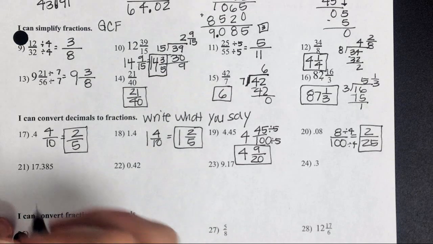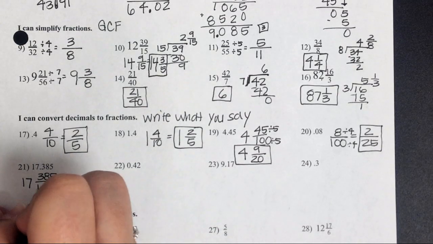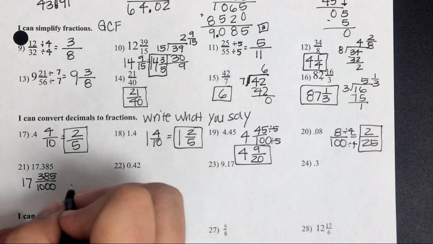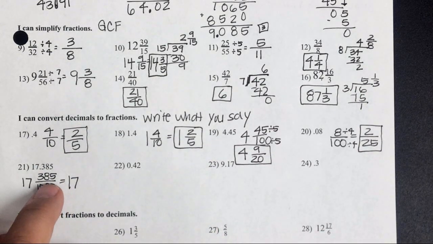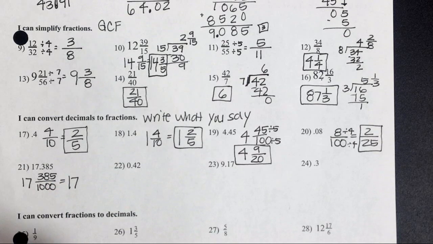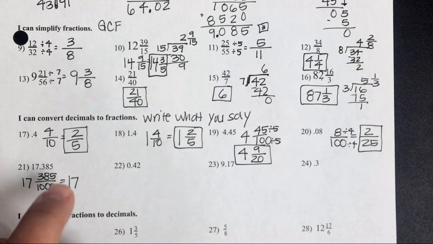Okay, this is a tough one. We've got 17 and 385 thousandths. We're going to leave our whole number the same. Let's see, 5 can go into both because they end in 5 and 0. That would make this number 200, and that would make this number, let's see, 77.